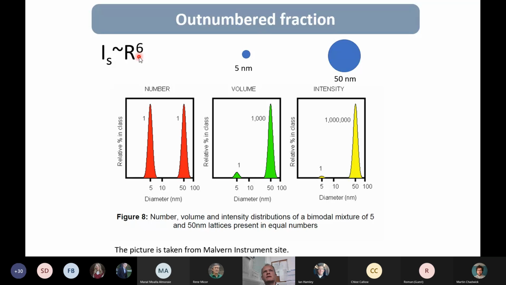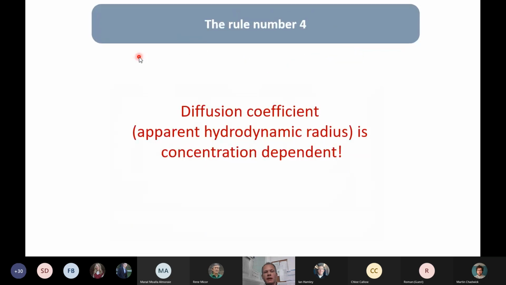I see just something like 500 nanometers. What's going on? Is something wrong with your instrument? But actually, there's nothing wrong with the instrument. It's just because you should get rid of these large entities in solution, and only after that you will be able to measure the hydrodynamic radius of your small proteins, small nanoparticles.